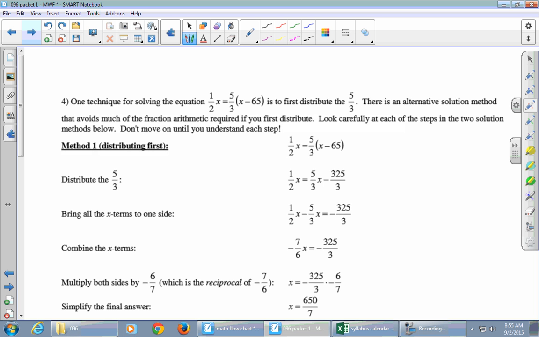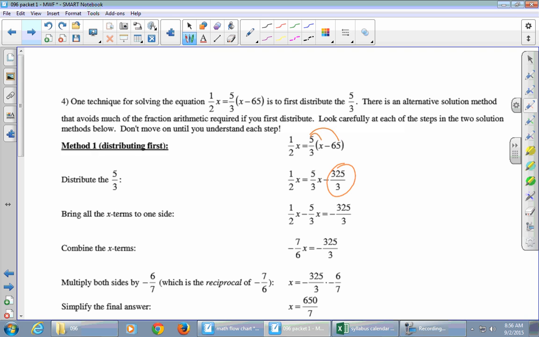Okay, thank you. So we're going to walk through these two things. If you want to take notes on it, you can, but all the steps for the solutions here are written out. Just want to point out the difference between these two options. So first of all, you guys all buy that we could distribute that 5/3 into both the x and the minus 65, right? So that gets us to this next line.